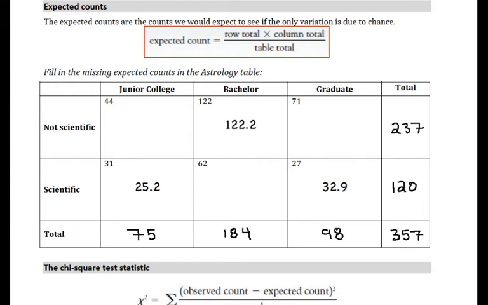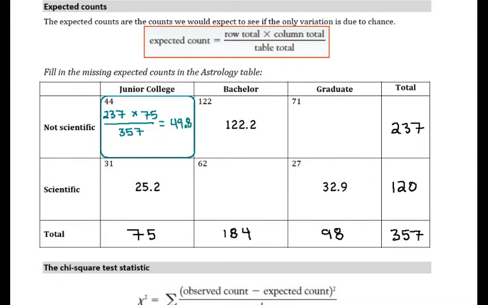Then each of these calculations is going to look like, if we're in junior college, not scientific, we want the row total of 237 times the column total of 75 divided by the table total of 357, which comes out to be 49.8.